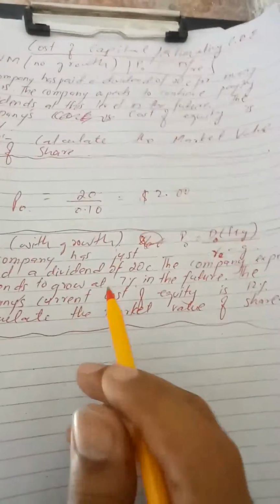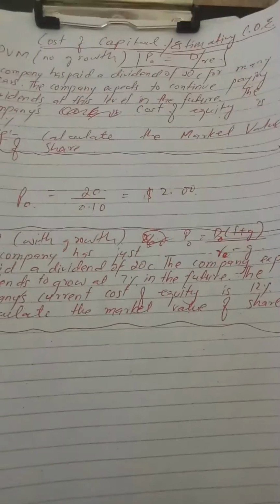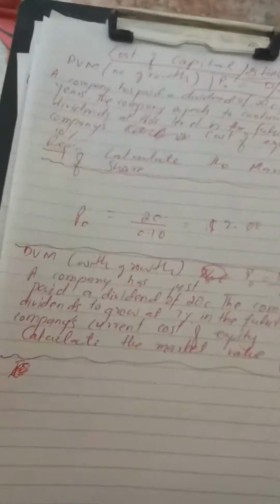This is the question that we need to answer, because we have the formula in front of us, and just putting in the values, we'll be able to get the result.